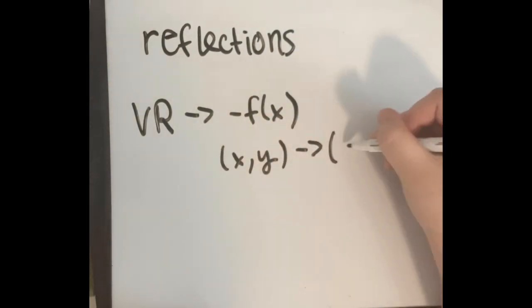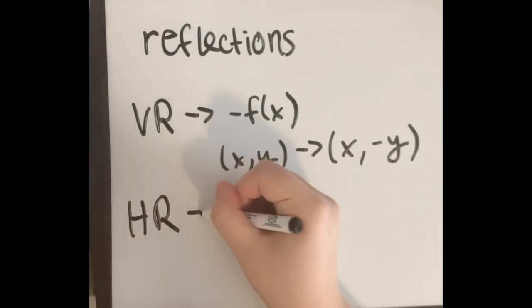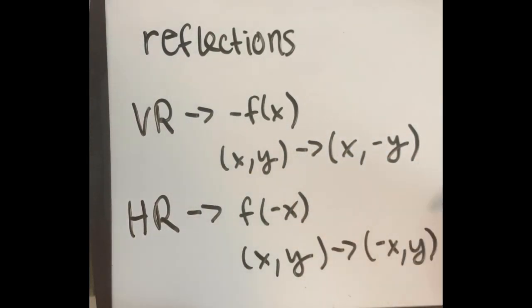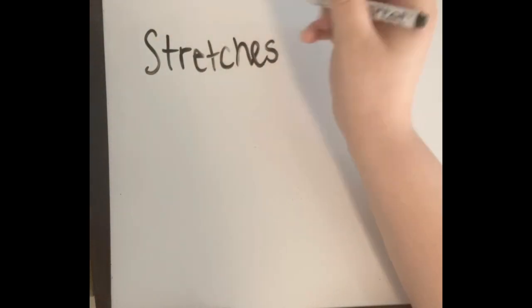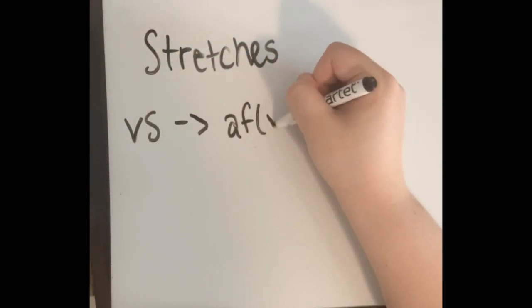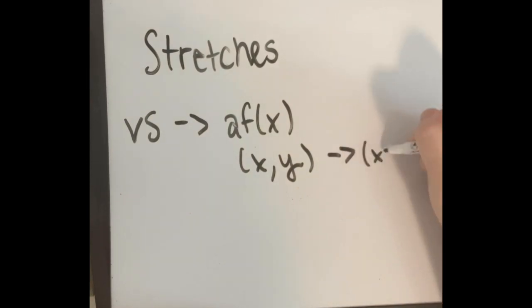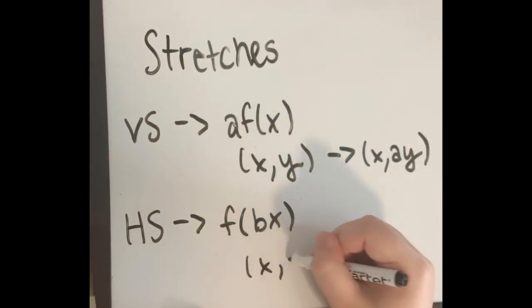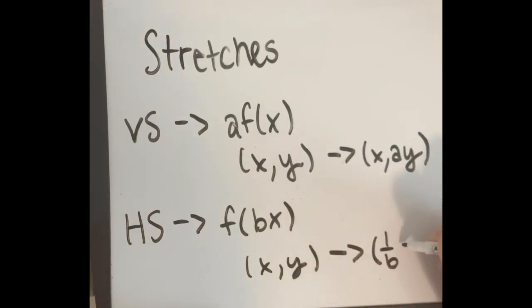You add a negative to the Y for vertical reflection, and you add a negative to the X for horizontal reflection. And lastly, there are stretches. So there's vertical and horizontal stretches. And for vertical stretches, you multiply the A to the Y. And for horizontal stretches, you multiply the reciprocal of B to the X.